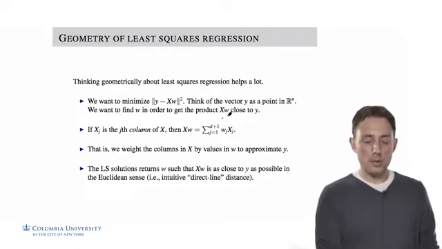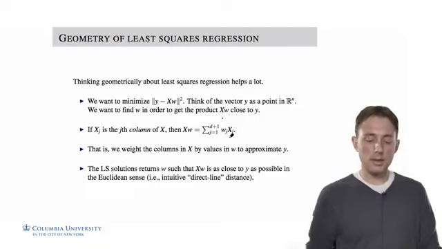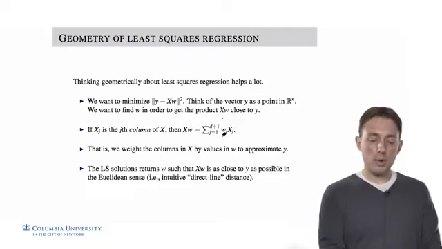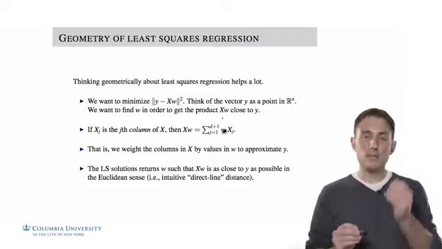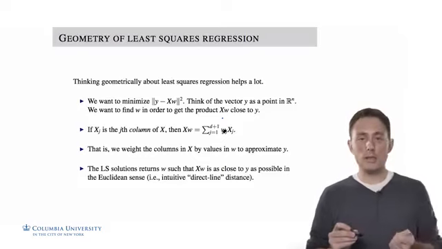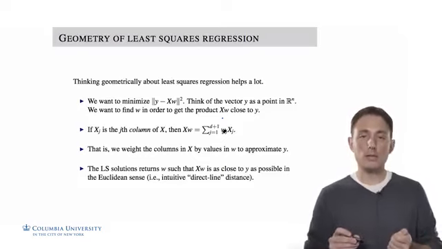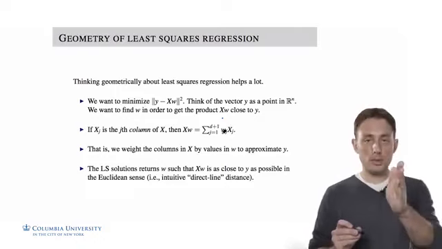So remember that this matrix vector product really entails taking the jth column of the matrix X, multiplying it by the weight wj, which is just a scalar. So we take the vector xj, the jth column of X. We then scale it in some way according to wj. If wj is positive, we stretch it or shrink it, but keep the direction the same.